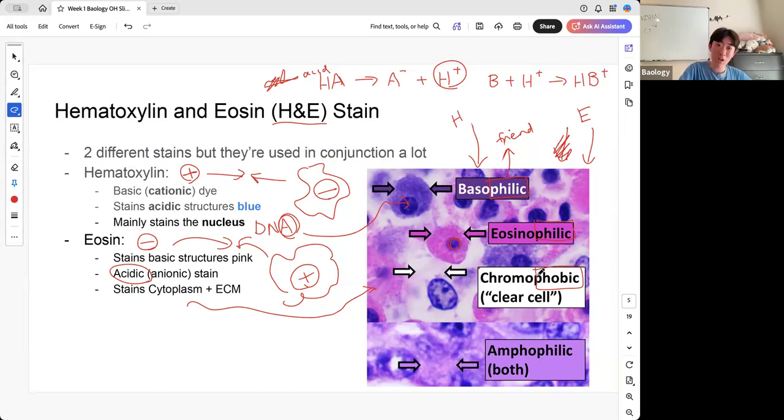So if it's scared of color, it doesn't have any color and therefore it's clear, and that means it's not binding to either hematoxylin or eosin. And then we have amphophilic. Again philic means friend, and ampho means both. So amphophilic is friendly to both. That's why you get this mixed pinkish, purplish, bluish color. Yeah, purple color.